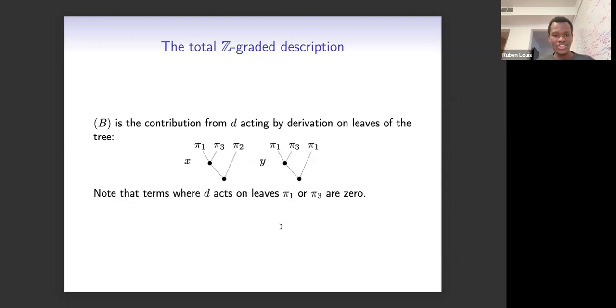And for example, the component B is given where D is acting as a derivation on the leaves. Since we know those generators on E minus 1, M minus 2, and M minus 1, they are related by D, right? And then the second part, the B term, is given as follows. To get a very explicit formula, just because we have this tree that solves all this arborescent causal state.